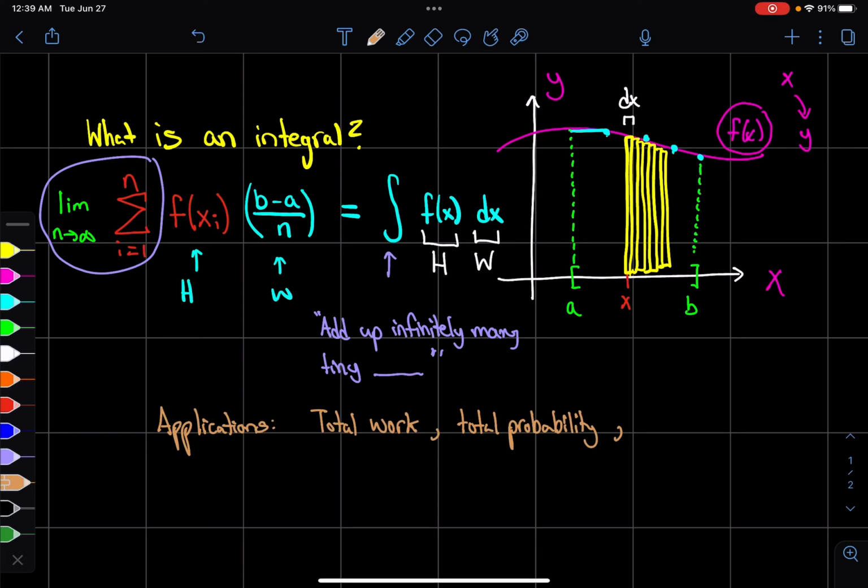If we added up total velocity over some time, right? So if we add up total velocity over some total time, well, if you're in physics, that gave us distance, right? Distance equals rate times time.